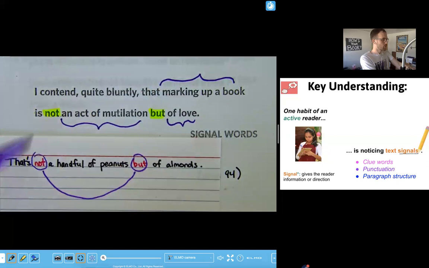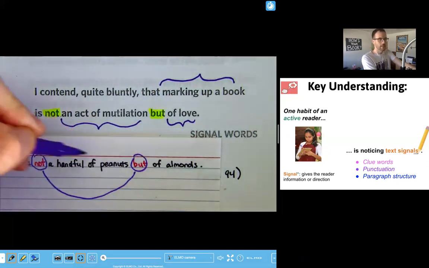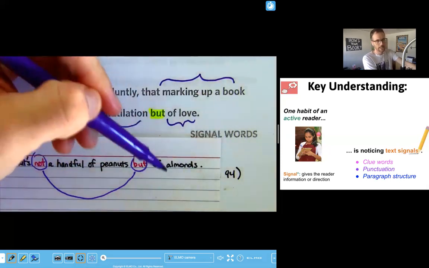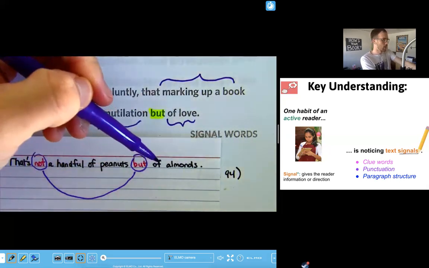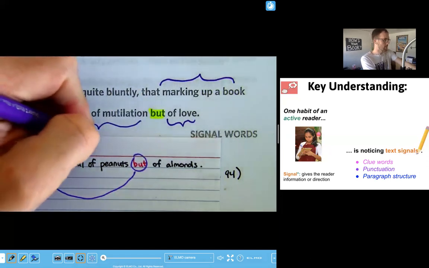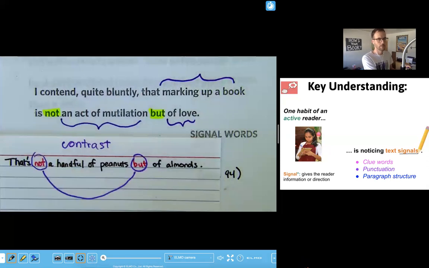Now, what are they trying to communicate? In this case, the sentence is starting by saying what you might think is in that hand, a handful of peanuts, and the second is what is actually in that hand. It's a handful of almonds. So it's showing a contrast or a difference between two things.